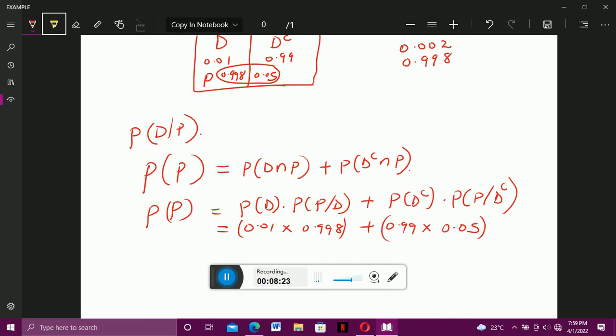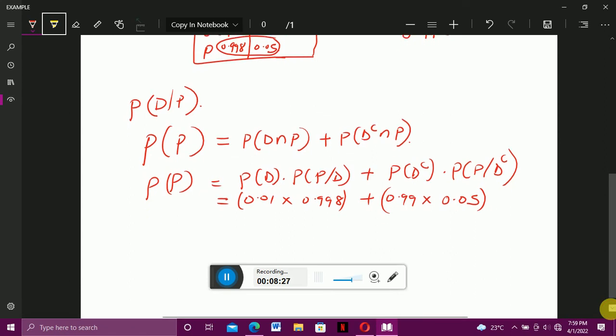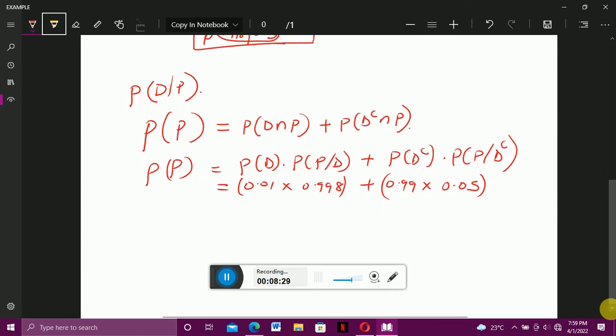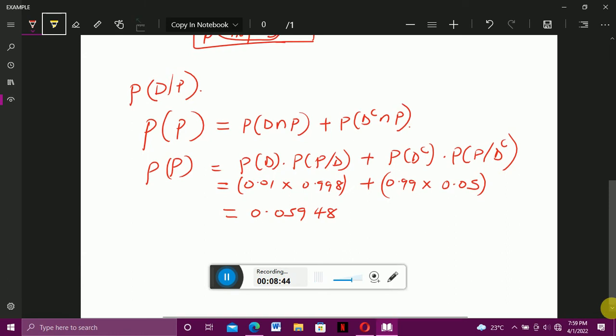If we work that out, we get 0.05948. You can actually confirm that. So we have that, which is a total probability.